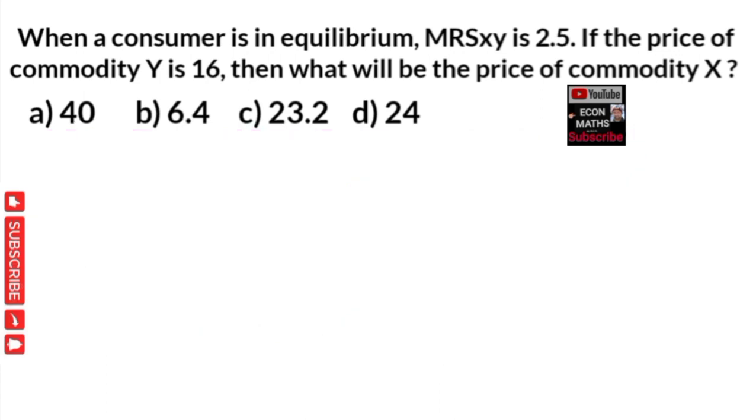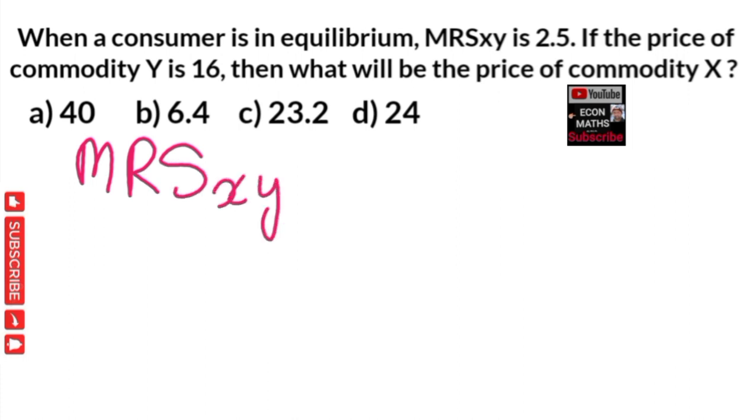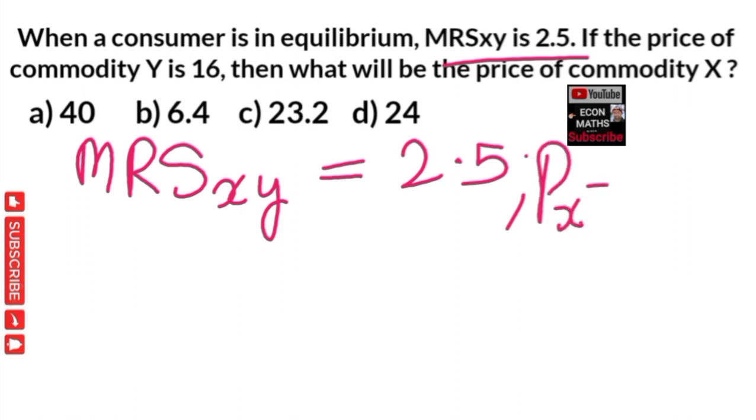Our marginal rate of substitution between x and y is given as 2.5. We have to find the price of x, but the price of y is given as 16.